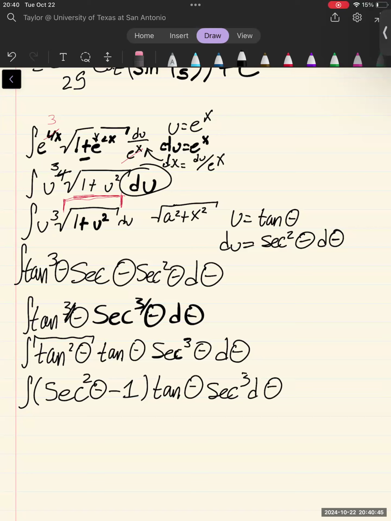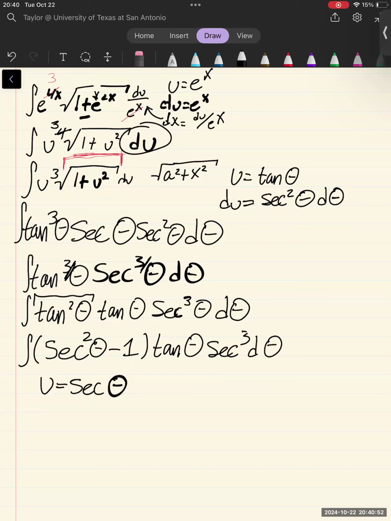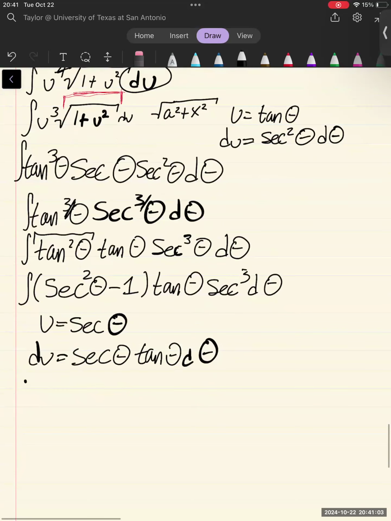So now we're going to do u sub. So then my u becomes secant theta. My du becomes secant tangent d theta.